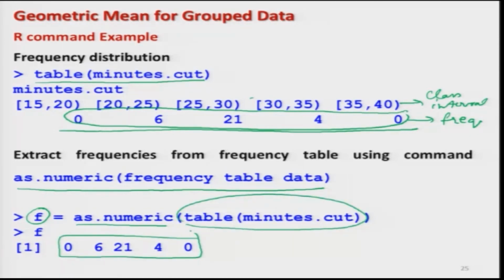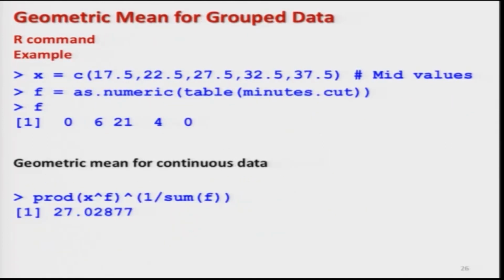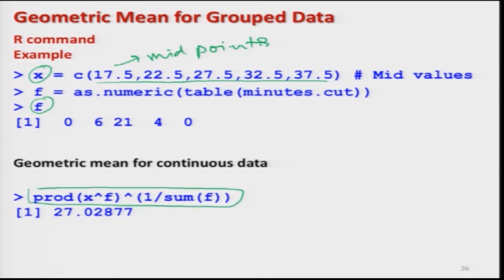So, now I have obtained the vector f, and now I have to collect all the midpoints and create the vector x. So, I am collecting all the midpoints 17.5, 22.5 and so on, and now I have two vectors x and f, and based on that I can use this function which we have just developed to compute the geometric mean.